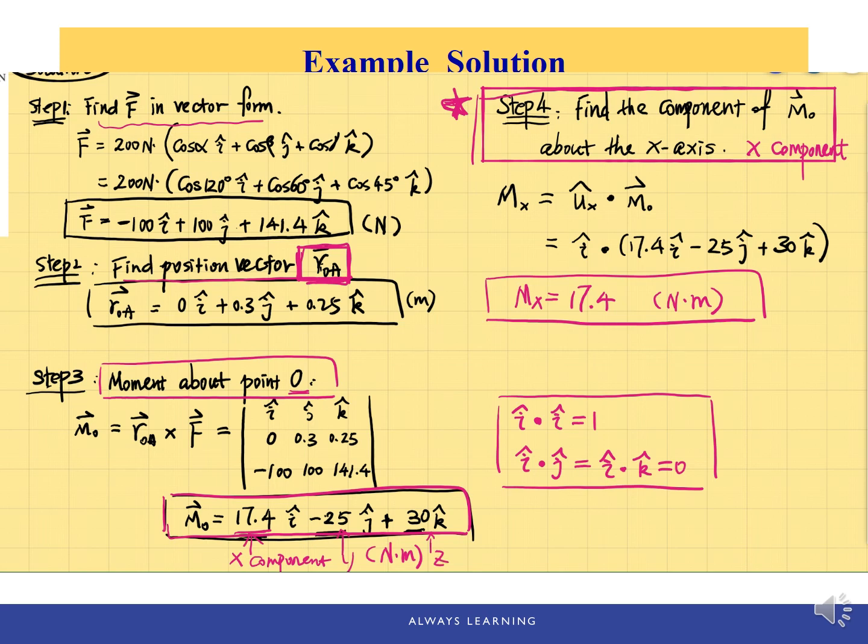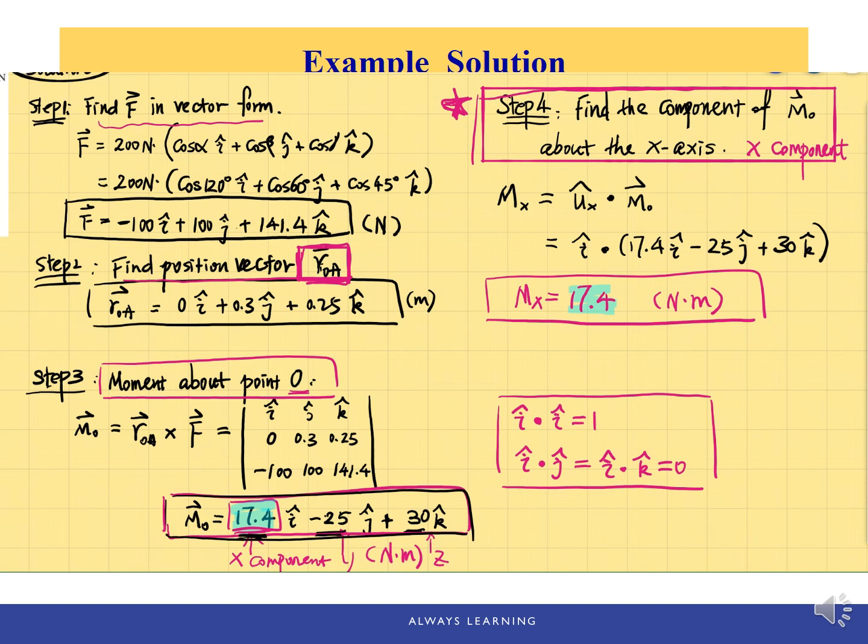Now go back to step 4. If I ask you to find the x component of this moment, what is the value of the x component? 17.4, isn't it? And it's actually the same answer as when we performed the dot product.